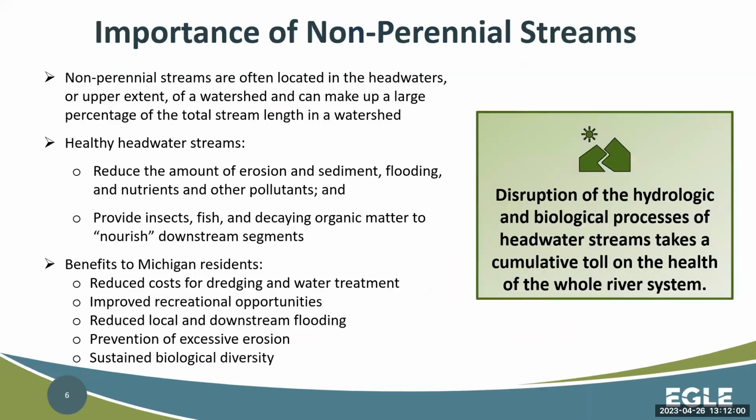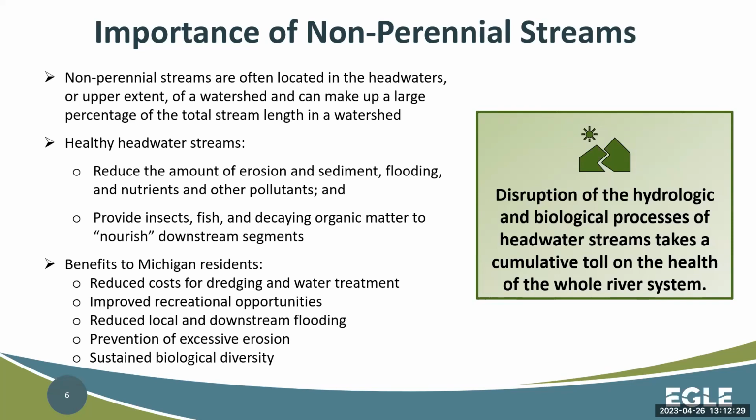So these non-perennial streams are often located in the headwaters or upper extent of a watershed and can make up a large percentage of the total length in a watershed, as was indicated by the previous slide. Healthy headwater systems can reduce the amount of erosion and sediment, flooding, and nutrients and other pollutants. And they also provide insects and fish and decaying organic matter to nourish the downstream segments.